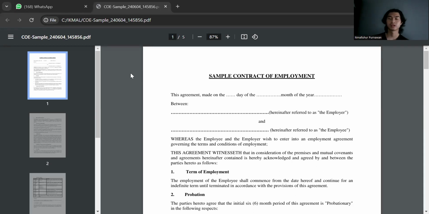Before we started, I want to say a bit about what I know about employment contracts. An employment contract is obviously a contract between two parties.